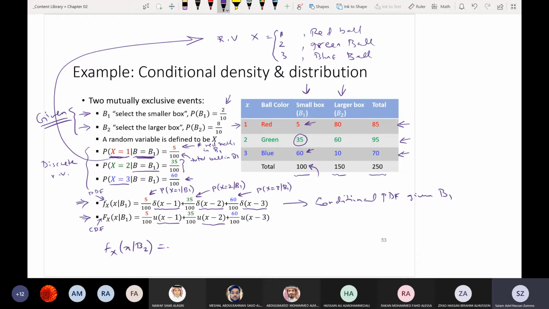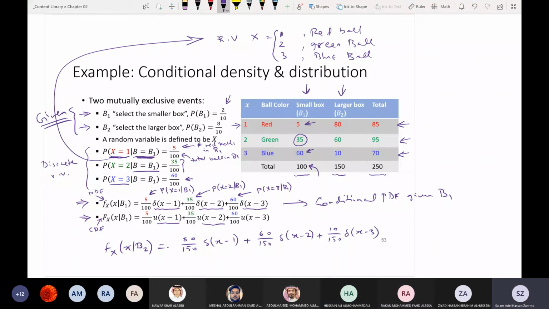What is this equal to? 80 over 150 delta of x minus 1, plus 60 over 150 delta of x minus 2, plus 10 over 150 delta of x minus 3.